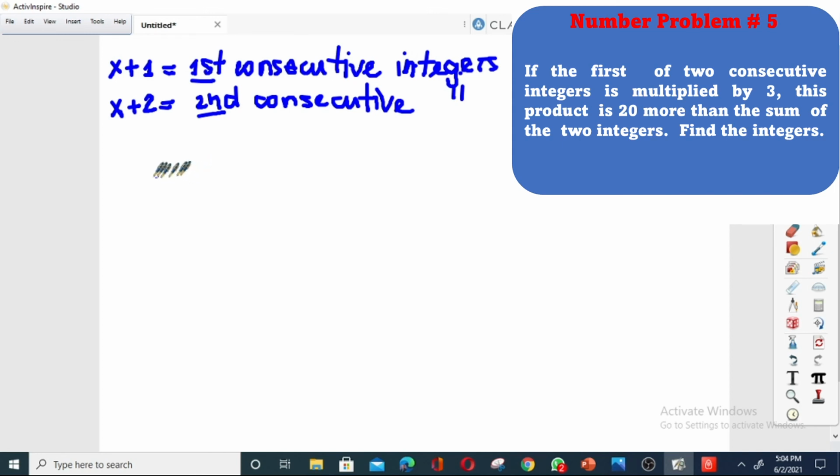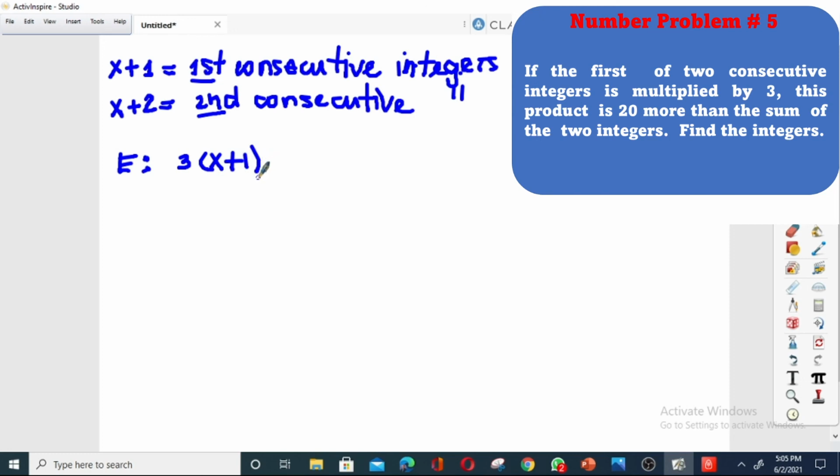Let's derive the equation. So from the given sentence, the first of two consecutive integers is multiplied by 3. What is the first consecutive integer? x plus 1. So the first is multiplied by 3: x plus 1.